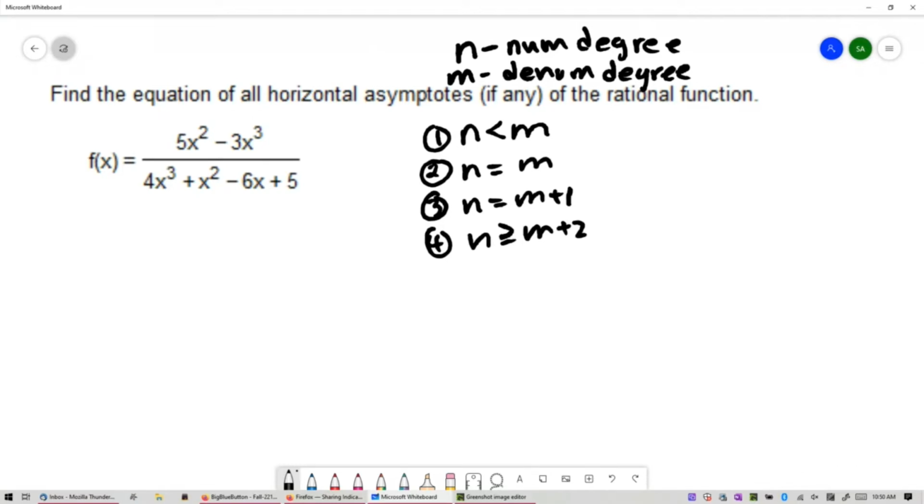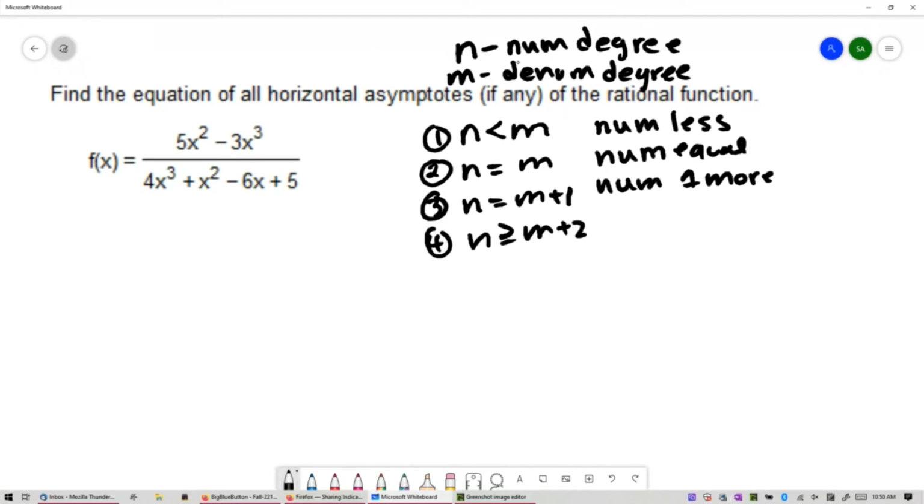So these 4 different scenarios are: the first one, the numerator degree is smaller. The second one, we have the numerator degree equal. The third one, we have the numerator degree being 1 more.